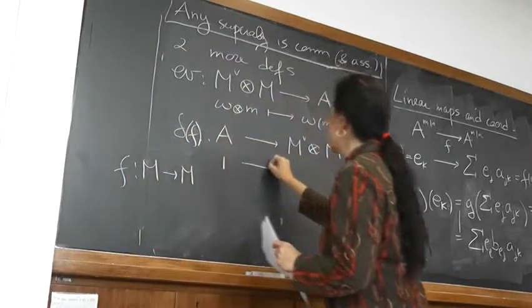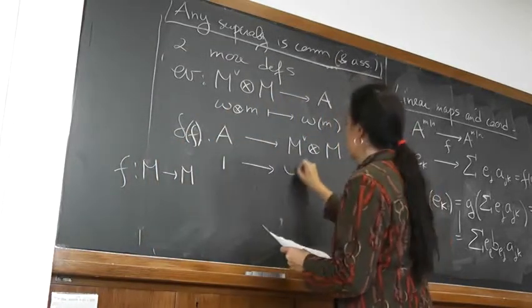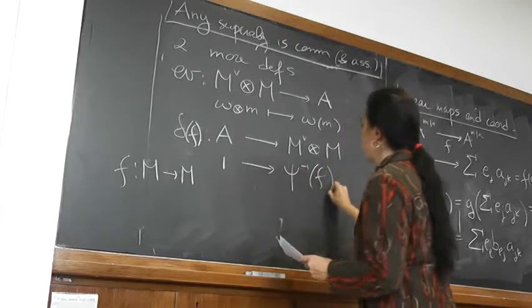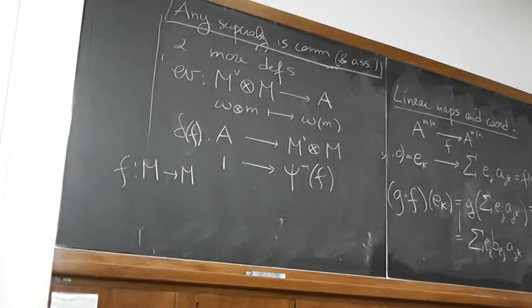So delta F takes 1 and associates psi minus 1 F. So here, if we take N equal to M, any map F from N to M corresponds bijectively to an element here.